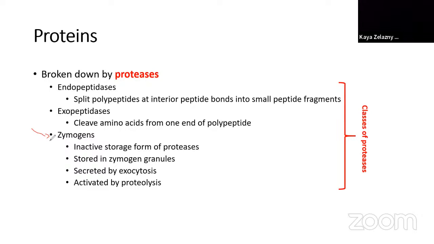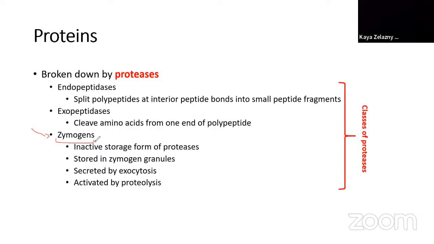A zymogen is an inactive form of a protease. So just like we needed to activate clotting factors, we need to activate our endopeptidases and our exopeptidases. So zymogen is going to be a general name for all of our inactive forms of proteases.